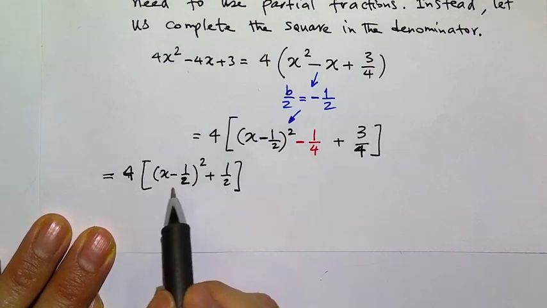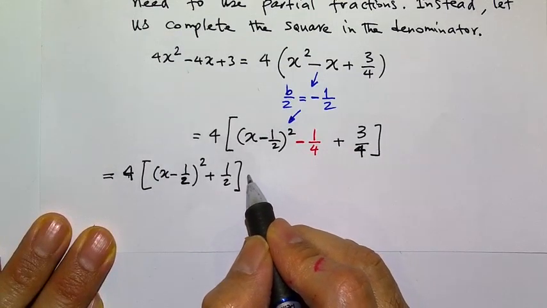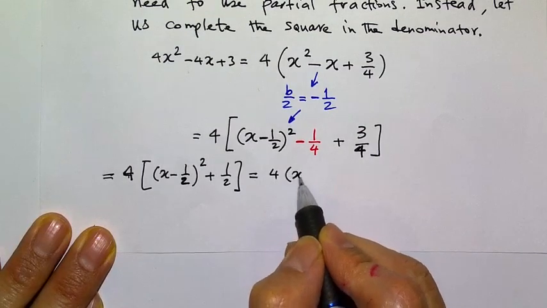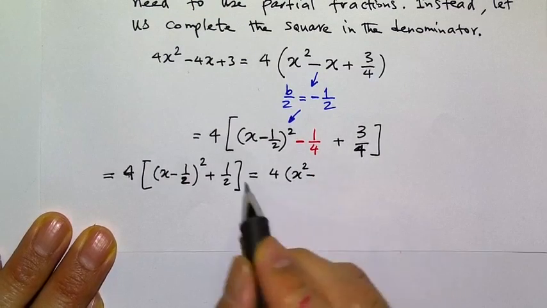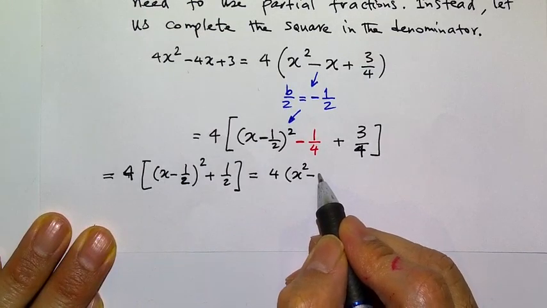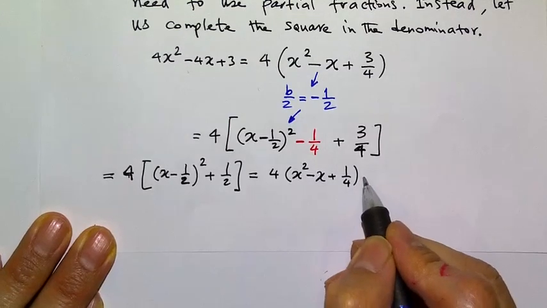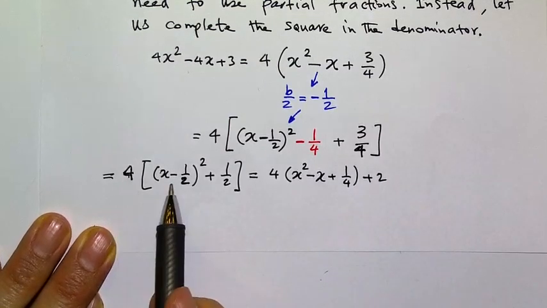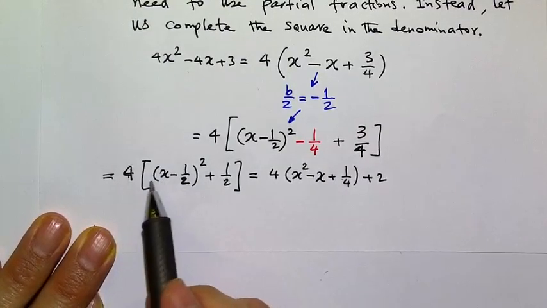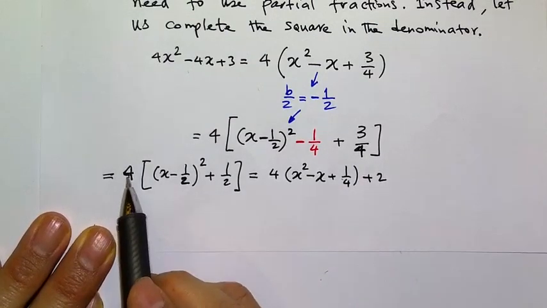So after distributing, let me do that. We will get 4 times x squared minus x plus 1/4 plus 2, right? I just expanded this. 4 is multiplying itself by this and also by 1/2. This 2 is from multiplying 4 times 1/2.